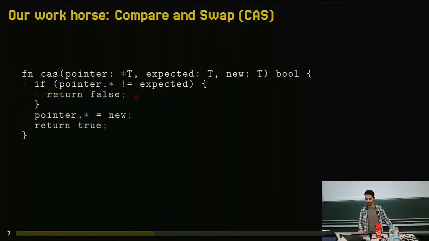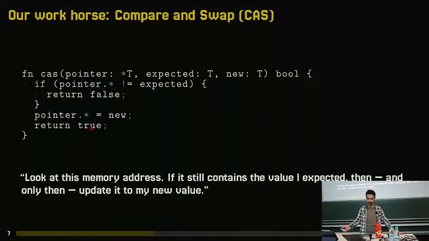But if it is the expected value, then we can just set the pointer to our new value and return true at the end. So we can say, look at this memory address. If it still contains the value I expect, then and only then, and this is the important part, update it to the new value. This is like when I need a spontaneous meeting with my colleagues, I just pop my head into their room and I'm like, do you have time currently?